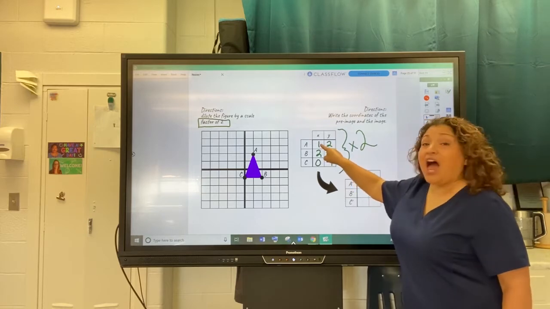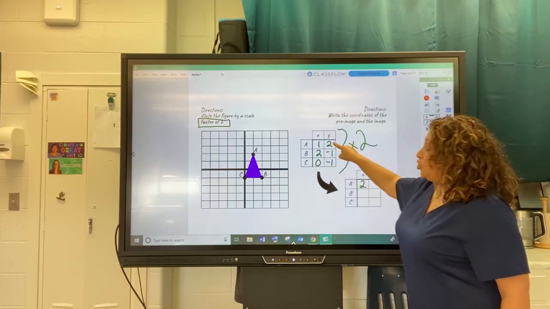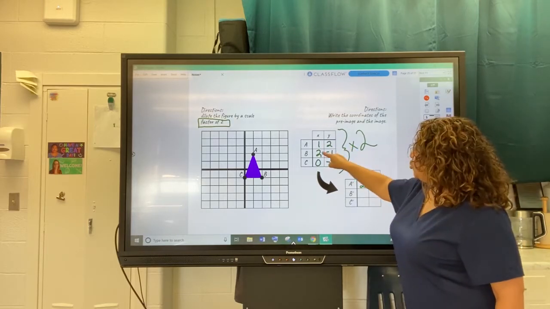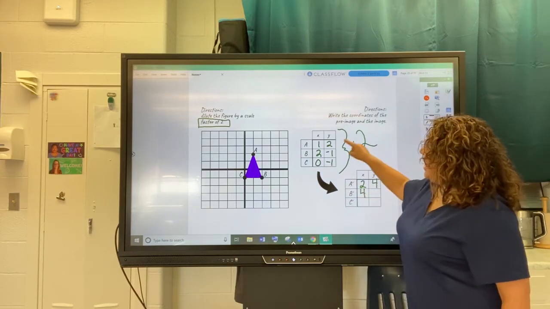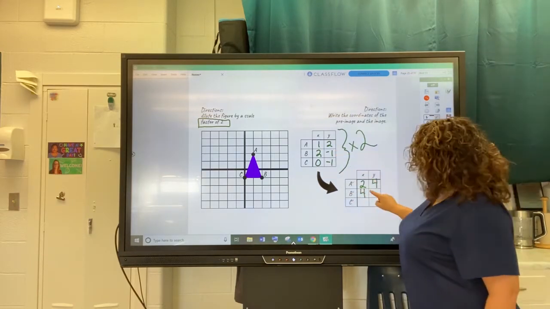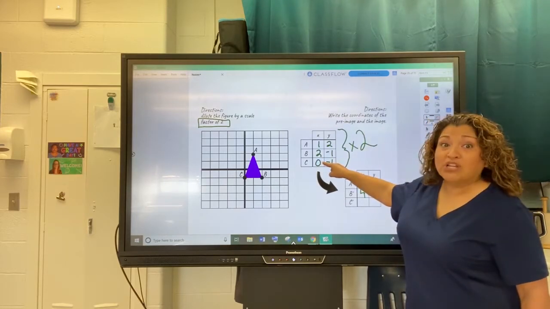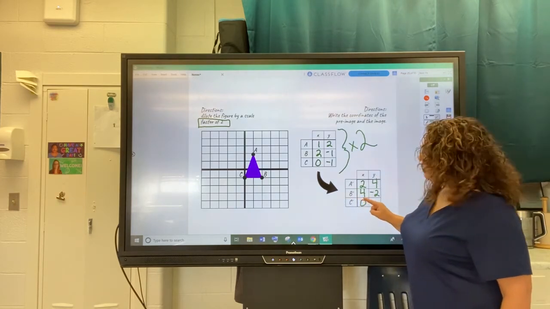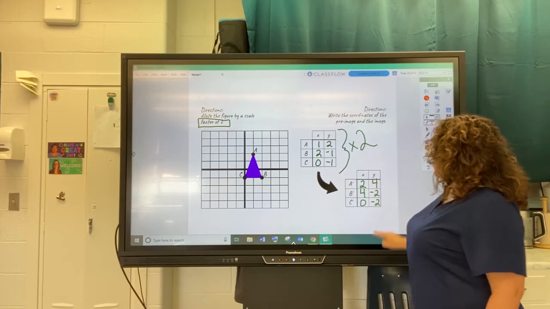So 1 times 2 is 2. 2 times 2 is 4. 2 times 2 is 4. -1 times 2 is -2. 0 times 2 is 0. And -1 times 2 is -2.